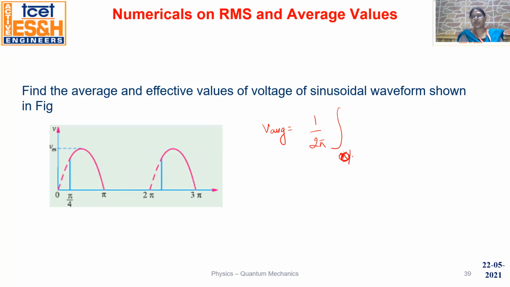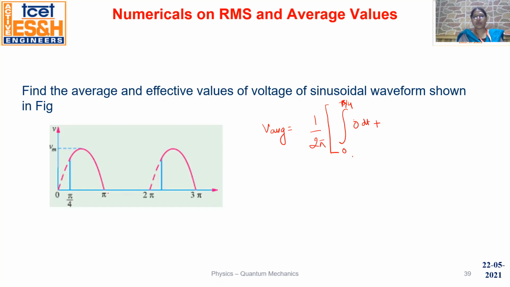Wait a second, I have to rub this. 1 by 2 pi, bracket. Now integrate portion by portion. From 0 to pi by 4, what is the value of your signal? It is 0.